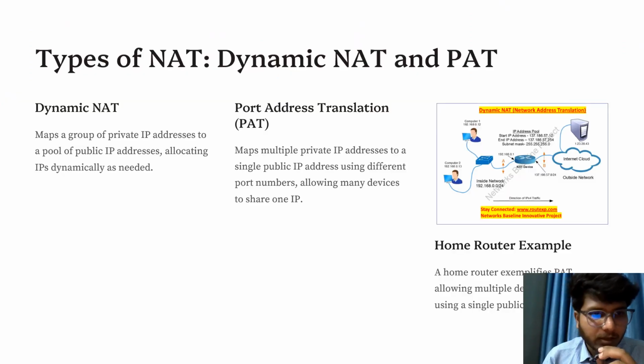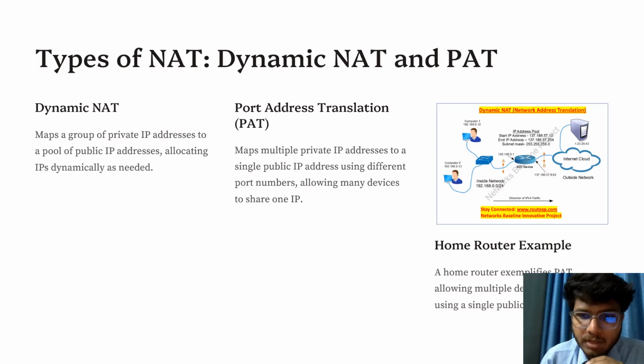Let's take the second type, dynamic NAT. Dynamic NAT assigns a private IP a public IP from a pool dynamically. So let's see how it works. Instead of a fixed mapping, private IPs are assigned a public IP from a pool on a first come, first served basis.